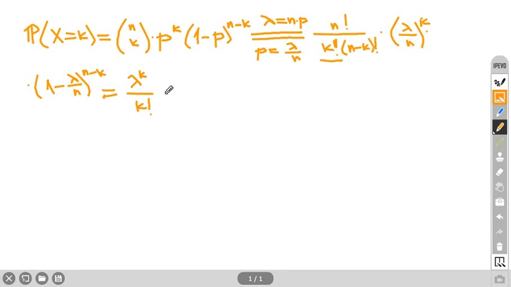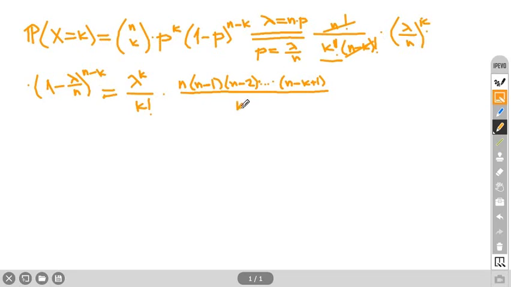I will have the following: n times n minus 1 times n minus 2, up to n minus k plus 1. And this is divided by n to the k.